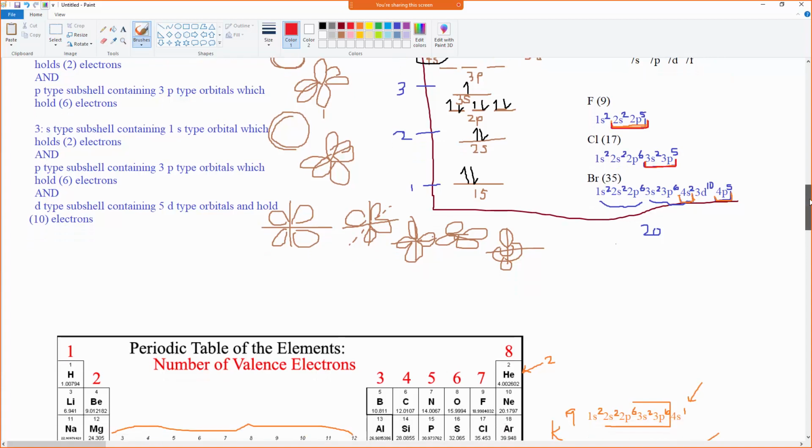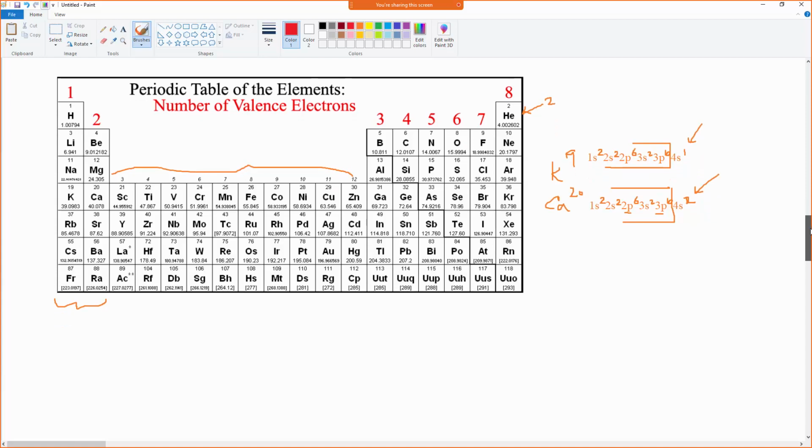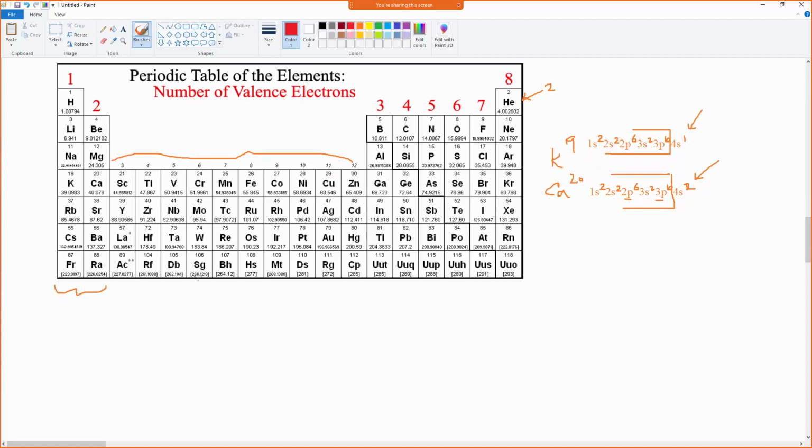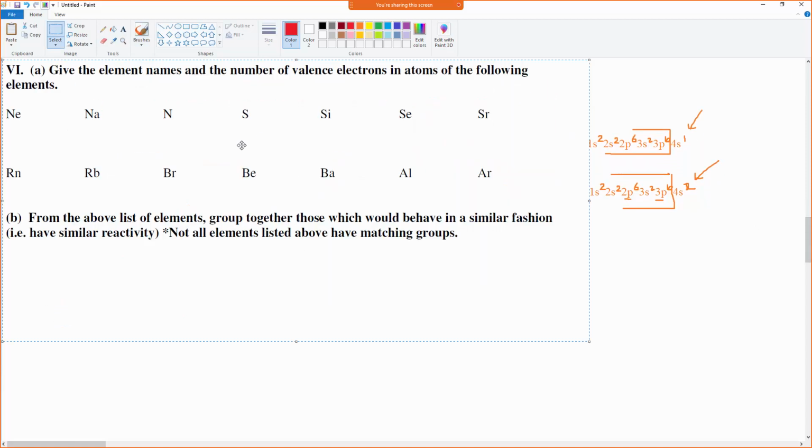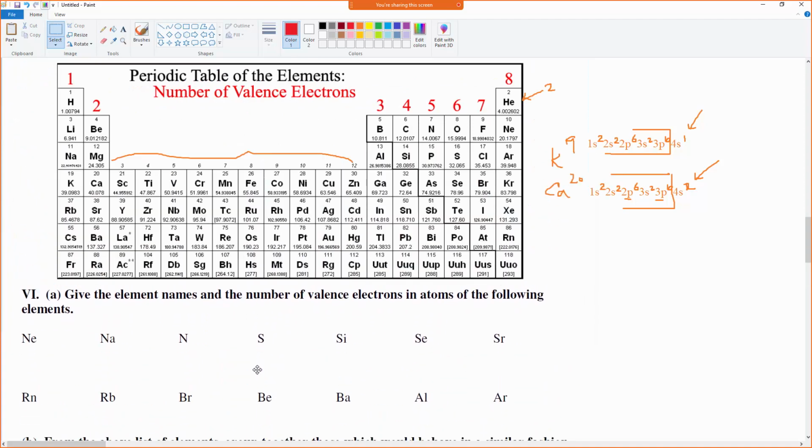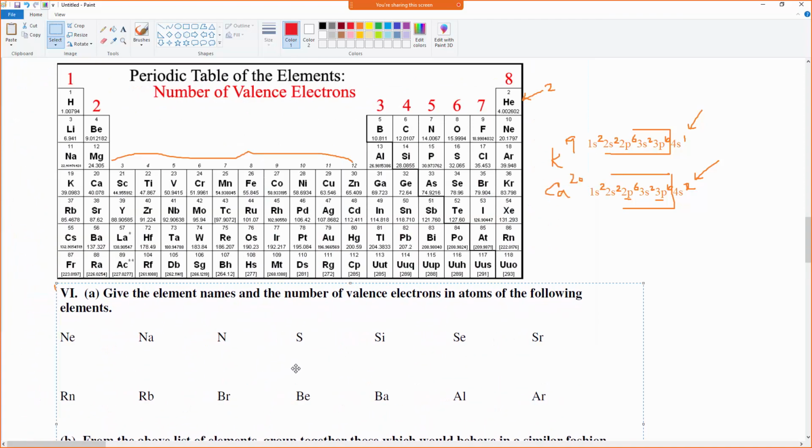Okay, all right. So let's then look at our worksheet and see what we can see. So the next section on our worksheet says, let's give the element names and the number of valence electrons in these elements. All right, we can do this. Ne, what is that? And how many electrons does it have?